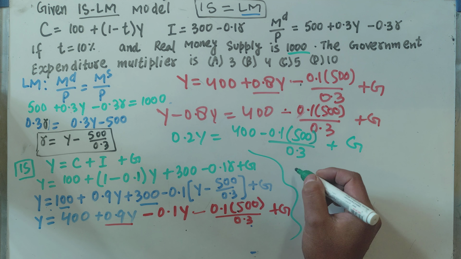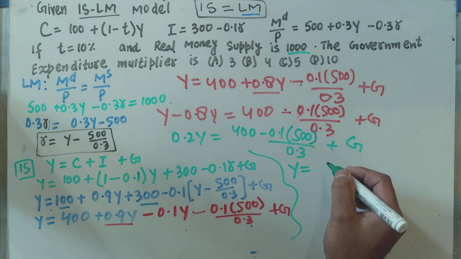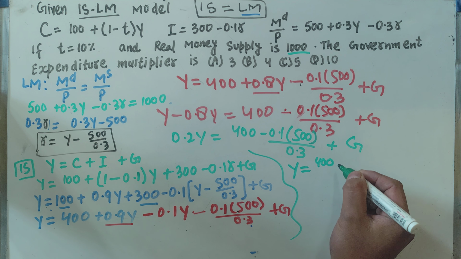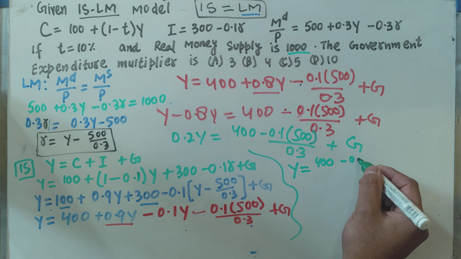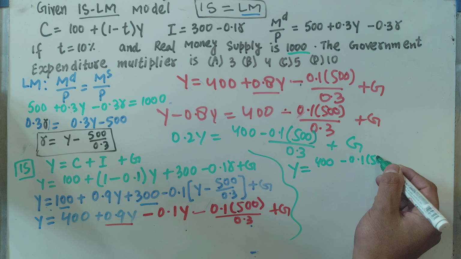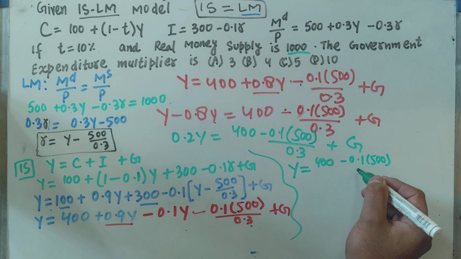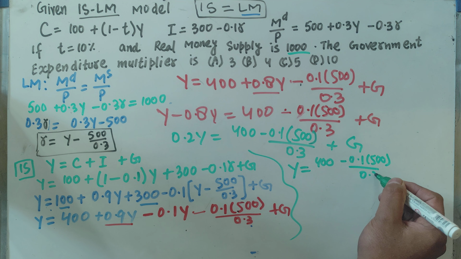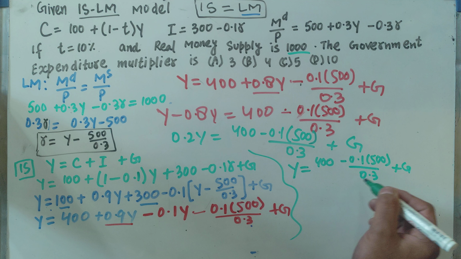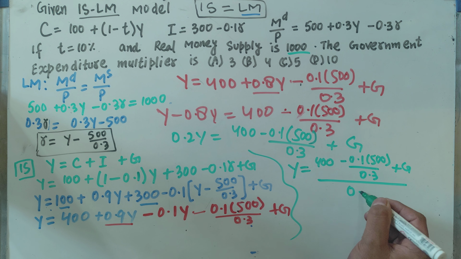Dividing both sides by 0.2, we get Y equal to 400 minus 0.1 times 500 divided by 0.3, plus G, all divided by 0.2. Now, what is the government expenditure multiplier?